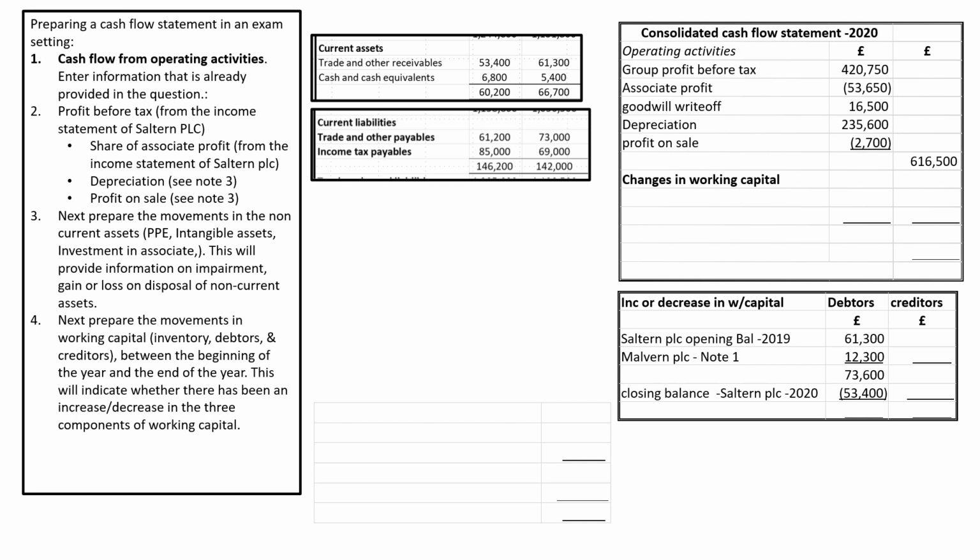Now, this is a lower figure than 73,600. So what it means is that we have an inflow of cash of 20,200 for debtors. So it's a decrease in receivables, which increases the cash flow, 20,200.